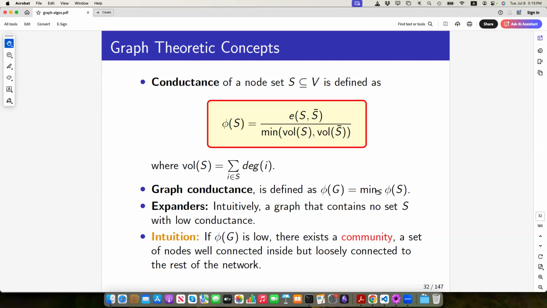If you see this, you can quickly get an intuition of what it means. This ratio is going to be low if the numerator is low and the denominator is large. When does this happen? When you have few edges going outside the set and many edges inside the set. So this captures well the concept of a community.